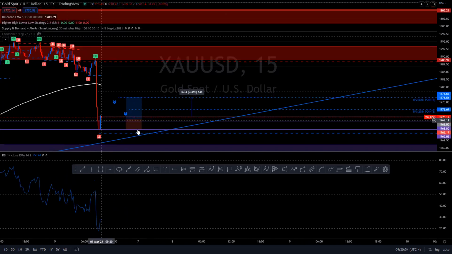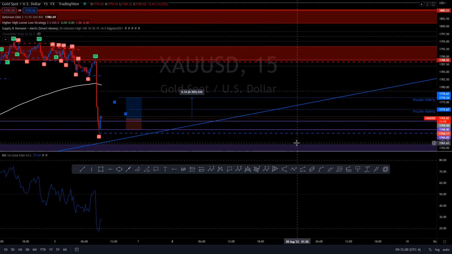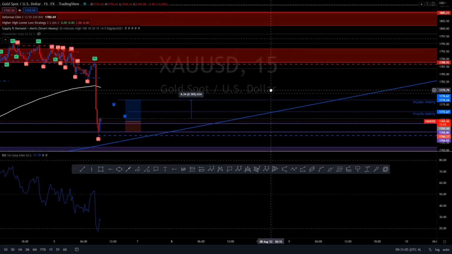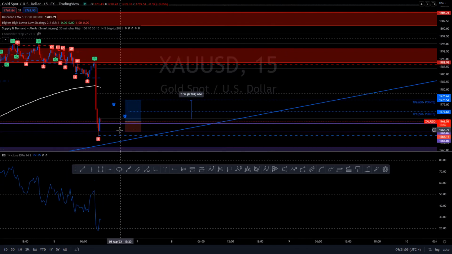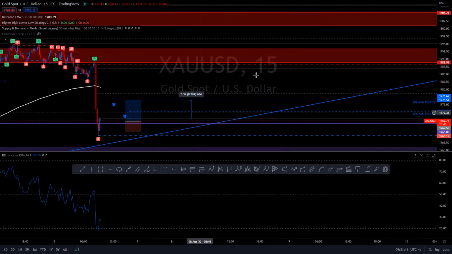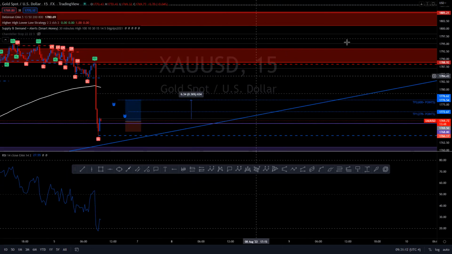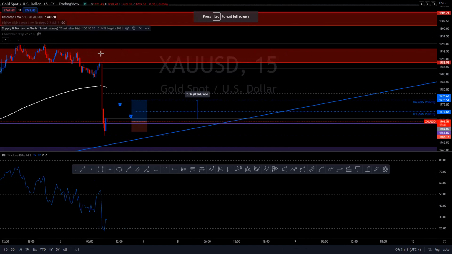Yep, see a wick there. I think it's starting to form a wick and it's retesting. So let's wait and see. So this is a new area of support there. Let's wait and see. I'm going to pause this recording. Be right back.